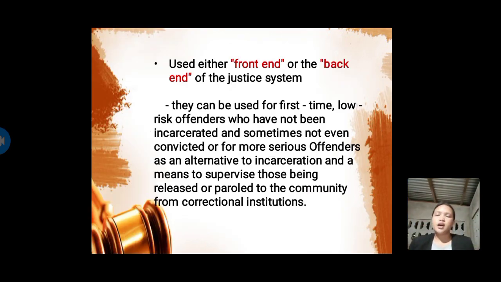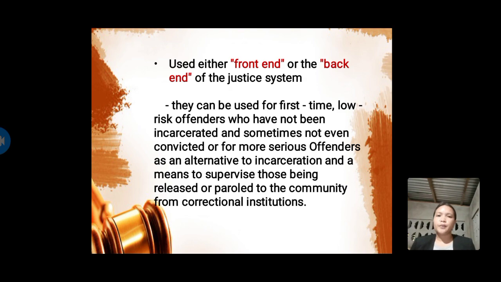Next, community-based corrections use either the front end or the back end of the justice system. This means that they can be used for first-time, low-risk offenders who have not been incarcerated and sometimes not even convicted, or for more serious offenders as an alternative to incarceration and a means to supervise those being released or paroled to the community from a correctional institution.